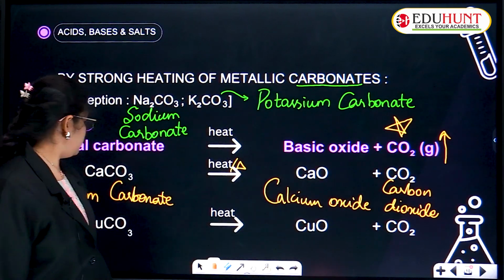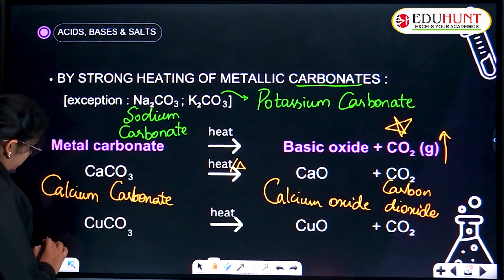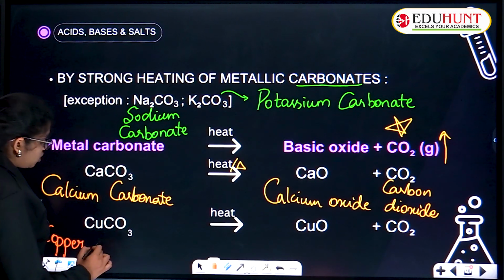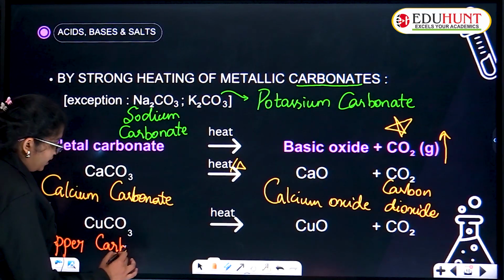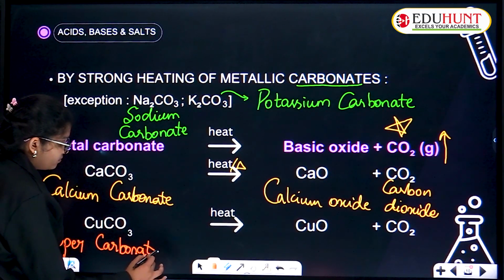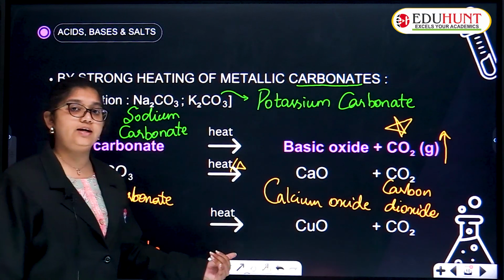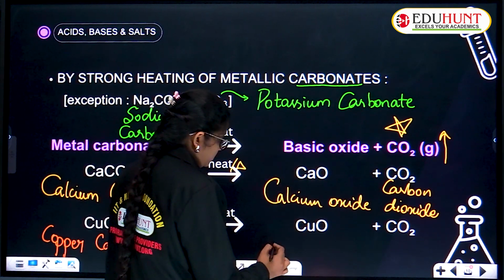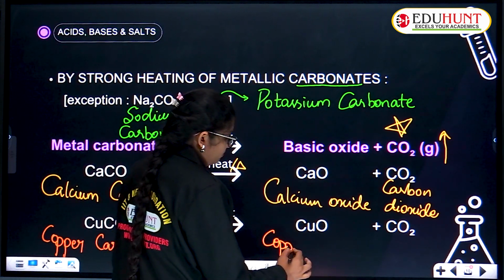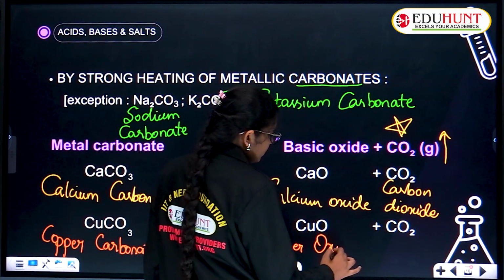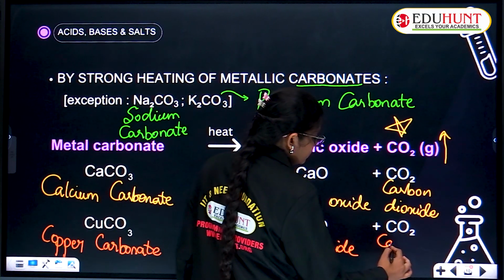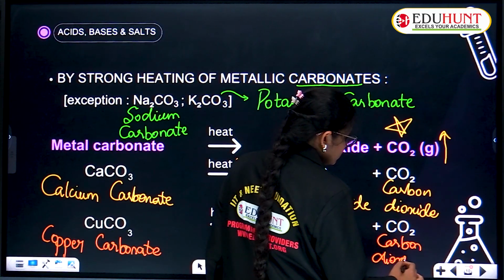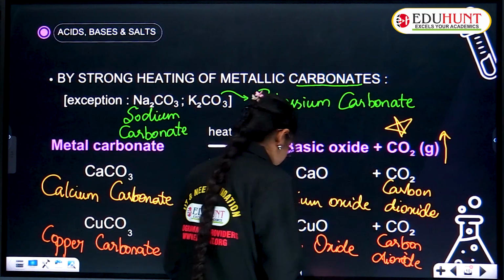Okay, now the next example is CuCO3. What is CuCO3 named? Named as copper carbonate, and upon strong heating, what do we get? We get a simple basic oxide, that is copper oxide, and also carbon dioxide.